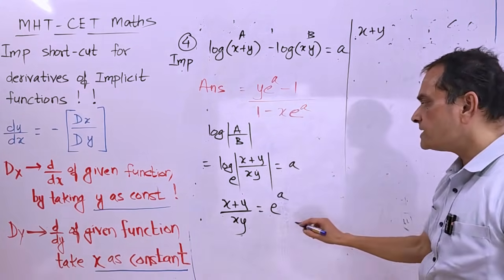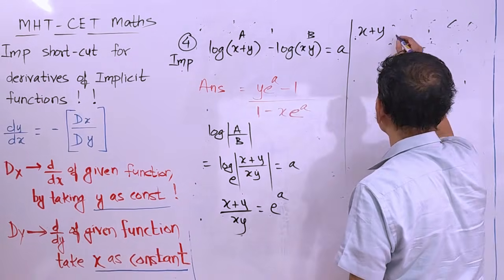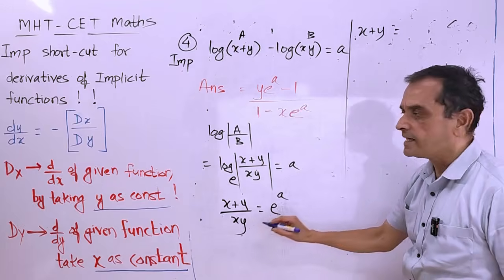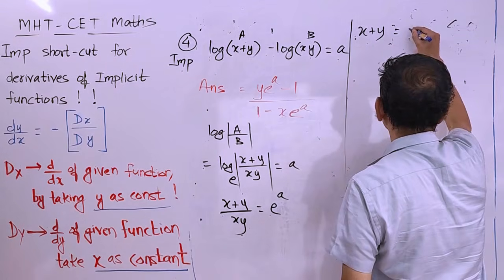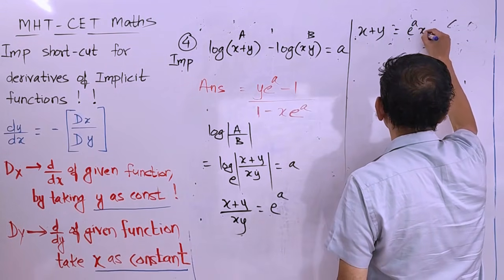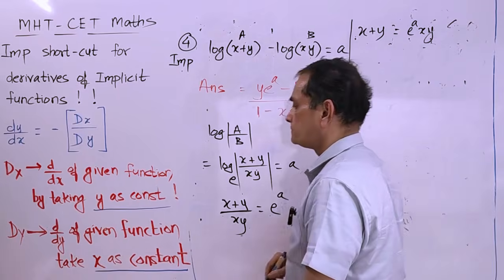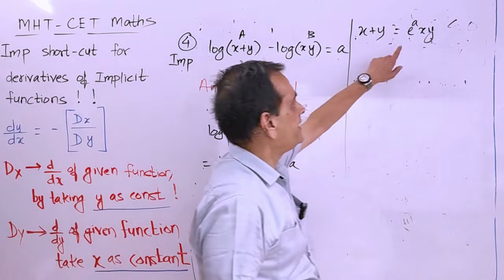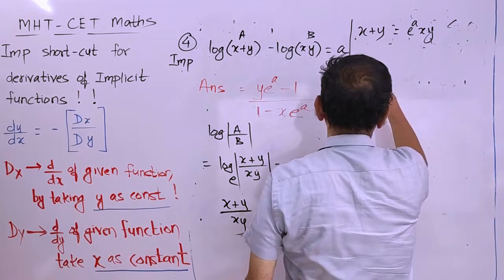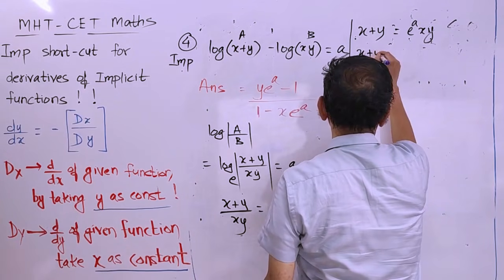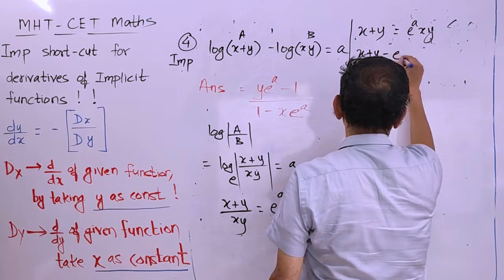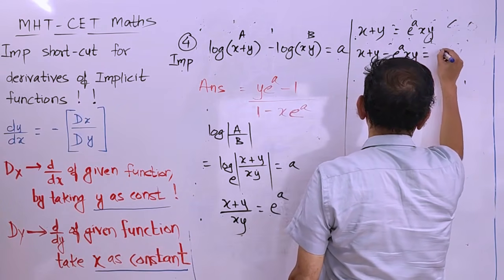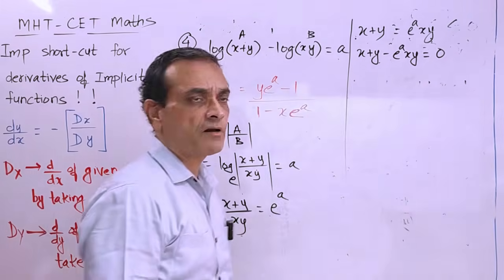So x plus y is equal to e raised to a into xy. Because it is the LCM, you are allowed to cross multiply. Take this on the left hand side. This is our main equation.